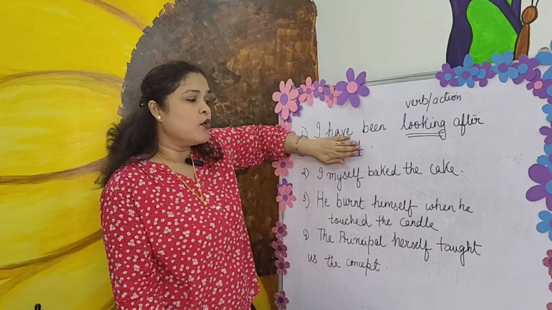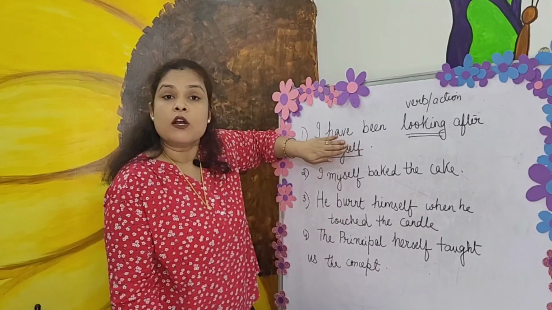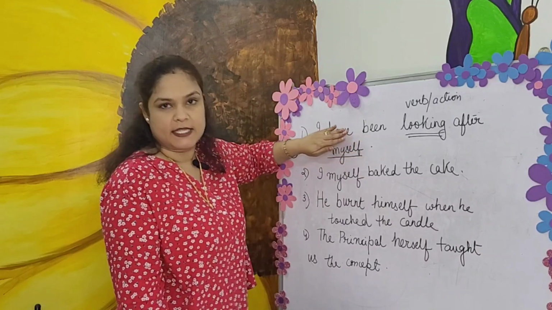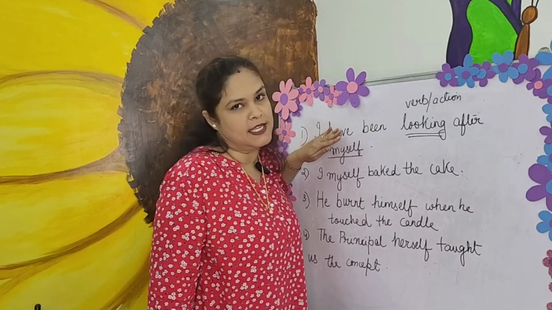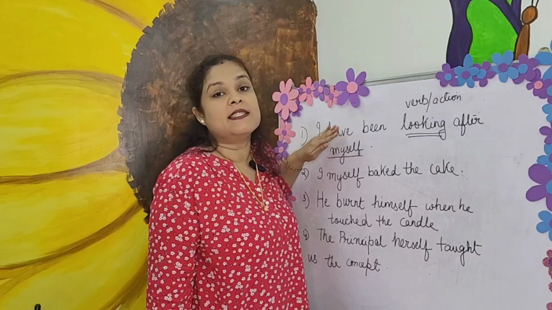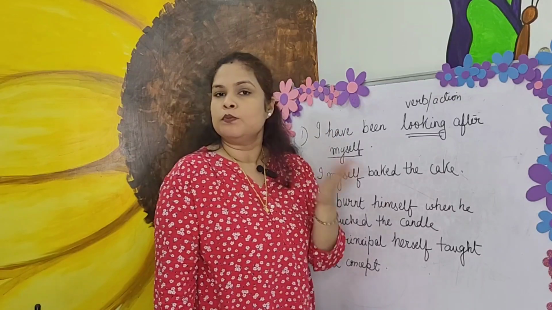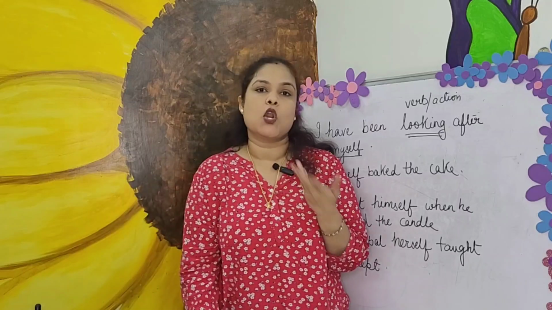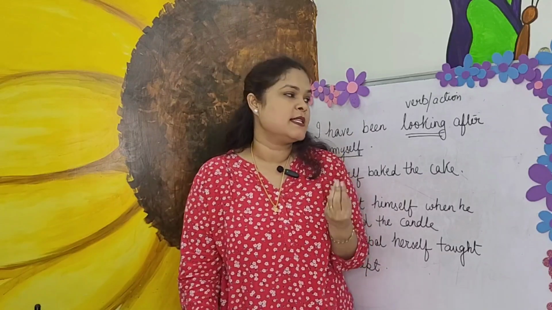Second, if I remove this, does the meaning of the sentence remain the same? I have been looking after. Does it make any sense? No, it doesn't make any sense because the sentence is not complete. So point number 2, check. If you remove it, it will not give any meaning or sense.